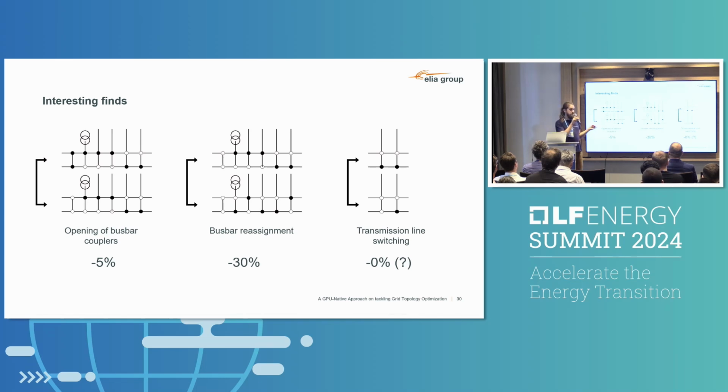I think this is due to us only optimizing the highest voltage levels, where you can actually achieve most of the effect with busbar reassignment and busbar couplers, and the reduction in meshedness, the reduction in capacity you incur by taking out a branch, is actually not worth it if you can solve the problem with these two combinations. This might change when we look at lower voltage levels, where sometimes taking out a trafo or taking out a line might be beneficial. So that's a bit of a question mark there.